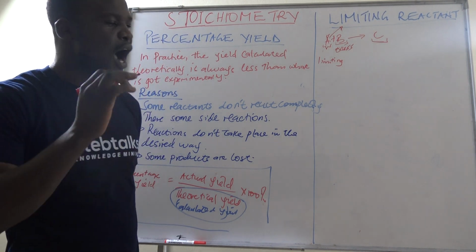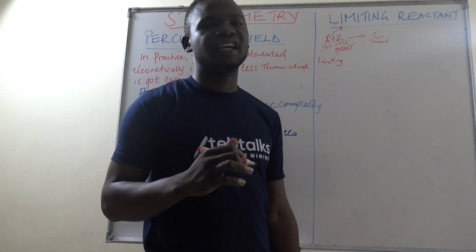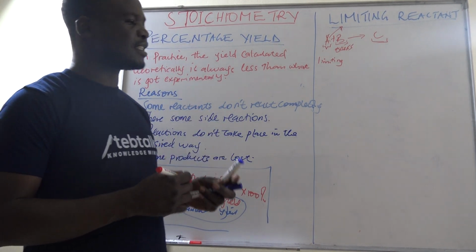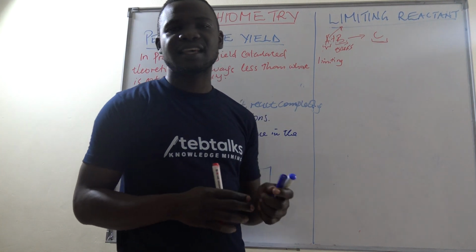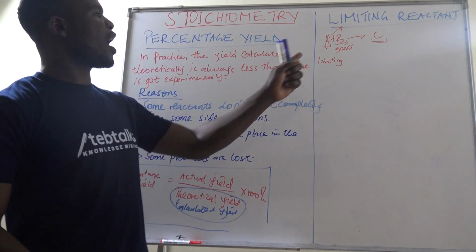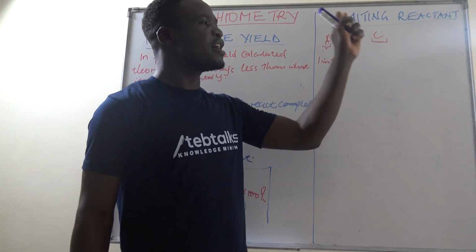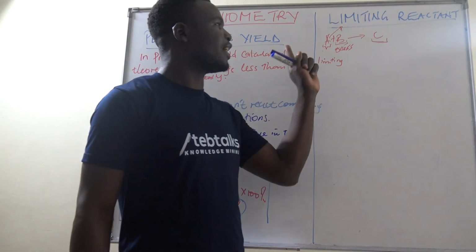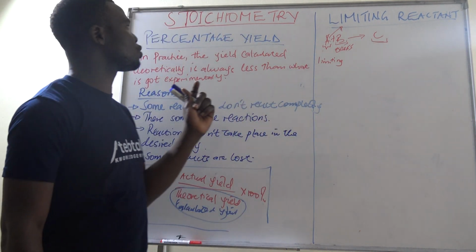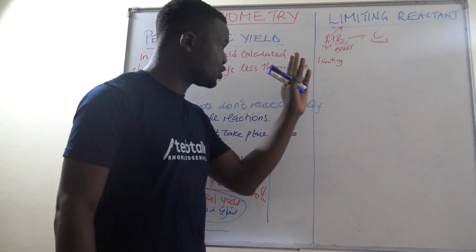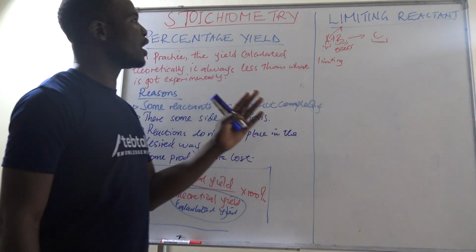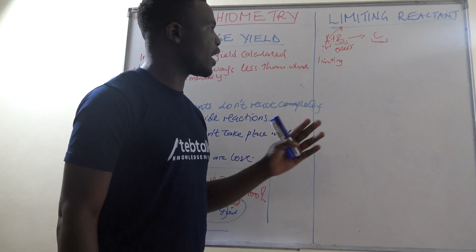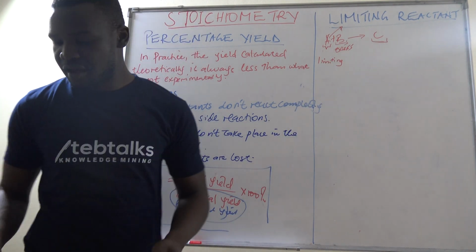Now the question is, how do you determine a limiting reactant? We determine a limiting reactant by getting that reactant that has the least number of moles. So if A has less moles than B, then it means A is the limiting reactant, and when we are carrying out stoichiometric calculations, we are going to use A. It means that we shall strictly use A to calculate the amount of product that is produced.